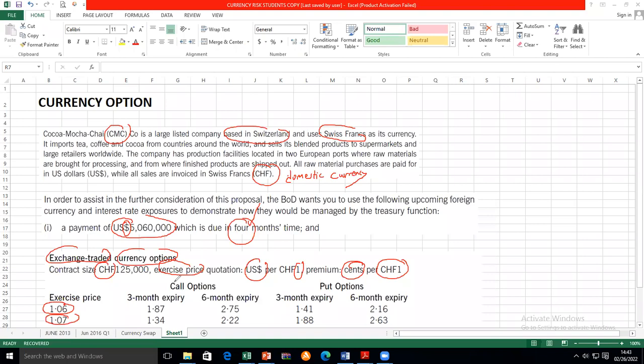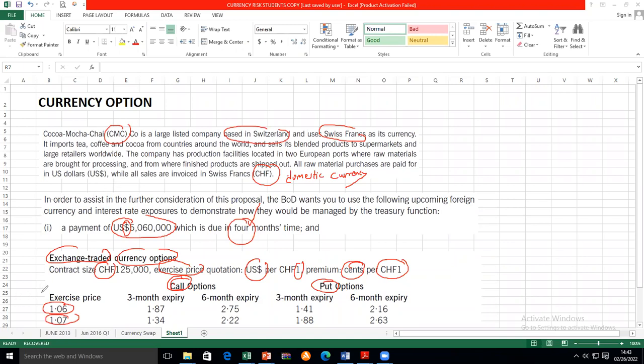And there's this side, these are call options, the right to buy CHF, and this is the right to sell CHF. So that's what we have. So we want to demonstrate how to hedge.